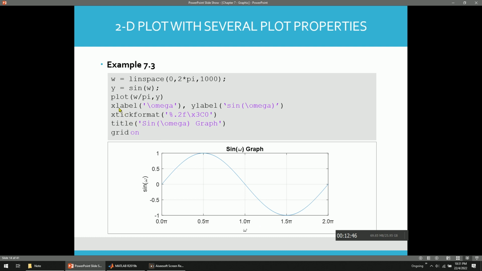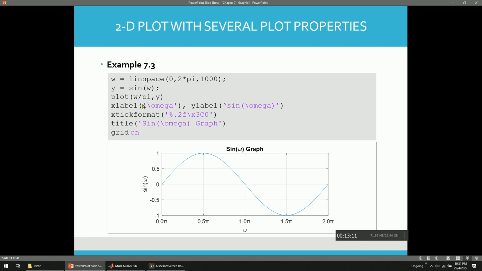Okay, so what is xlabel? You just label X here. So xlabel is here, and then open bracket, then the quote, and then backslash. Remember, backslash is on the upper side of Enter.